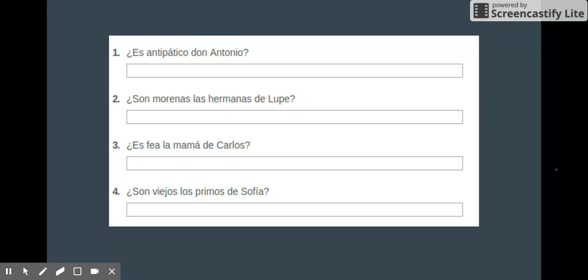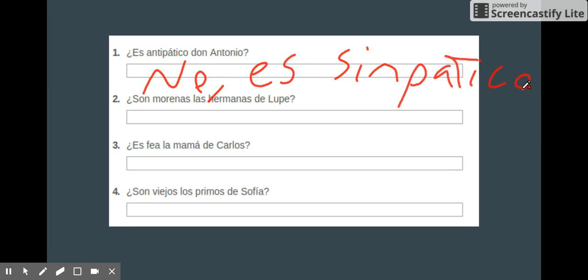So to answer it negatively, we would say no, es simpático. So you just say no es simpático. Or you can also put él es simpático. Or Antonio es simpático. So all you have to do is find the opposite of the adjective here. Antipático, the opposite is simpático.